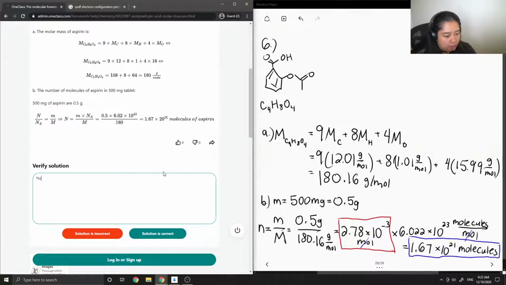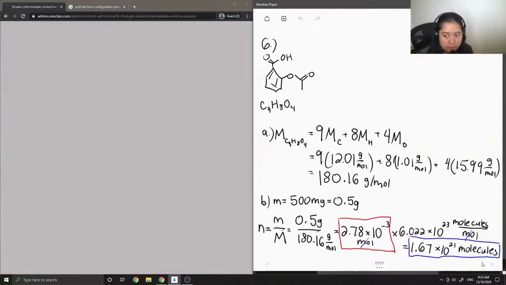Still going to say the solution is correct since they have the same values. But I think it was just a typo. So the solution is still correct.